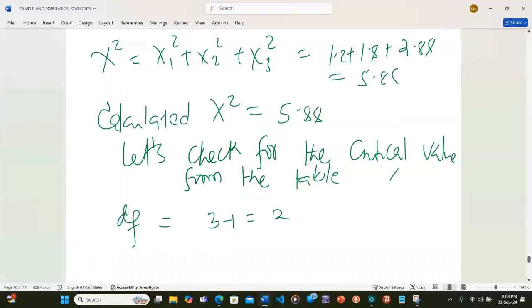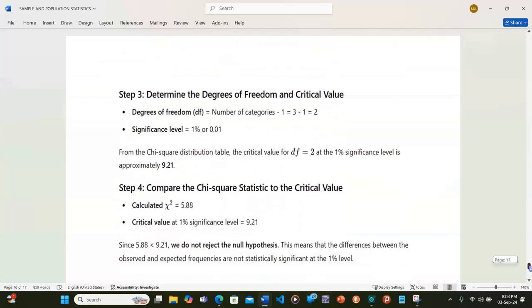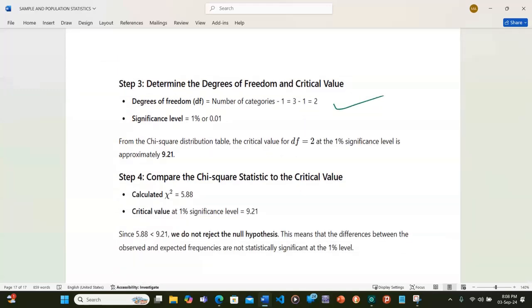So that is done. The significance level is that, and the value is 9.21. So what we do is compare the calculated chi-square value, or chi-square statistic, to the critical value. So if I have my number line here, and this is 0, I have my 5.88, and I have my 9.21.